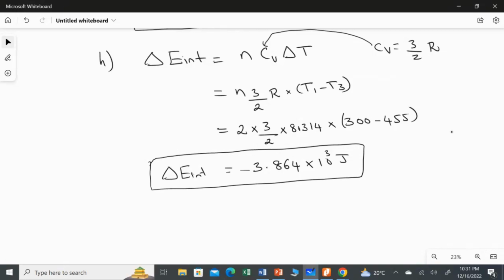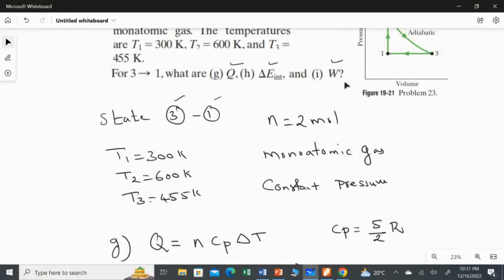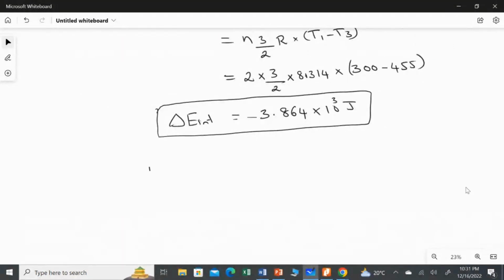Clear? So now we have to answer the third part, the work done, the I part. We are going to find the answer for the work done. I have to write the first law of thermodynamics as we already studied. It says the amount of heat energy supplied to the gas is equal to the change in internal energy plus work done.